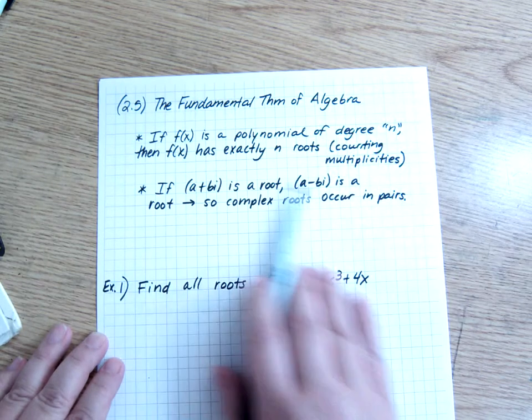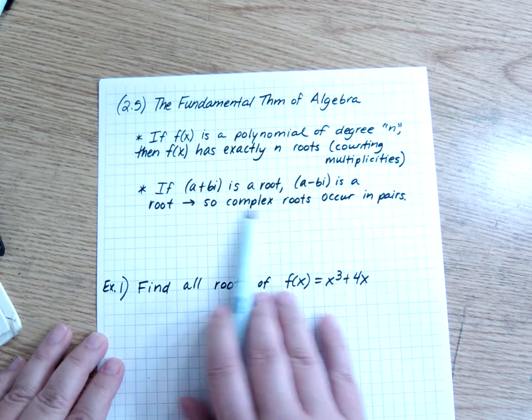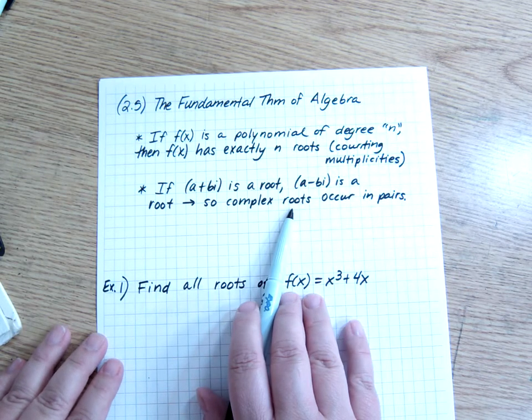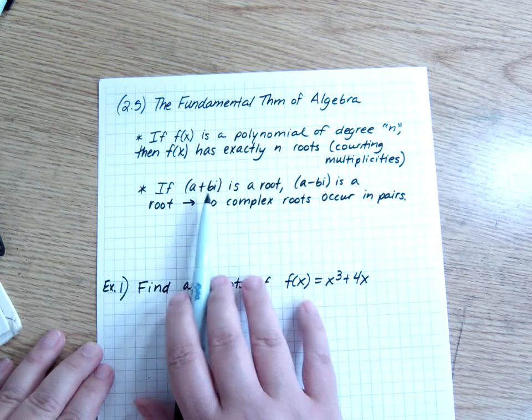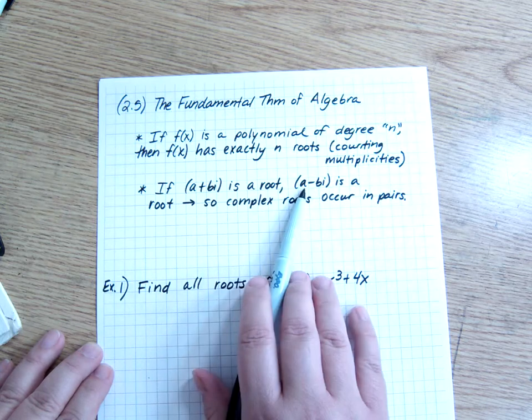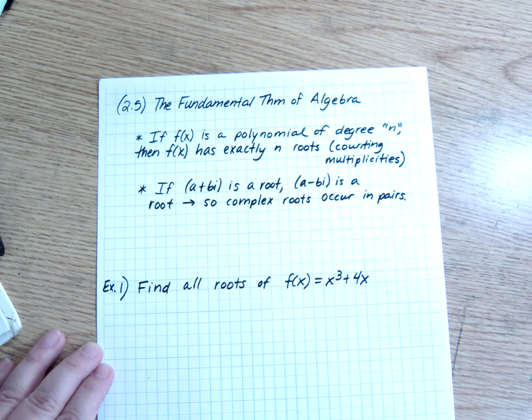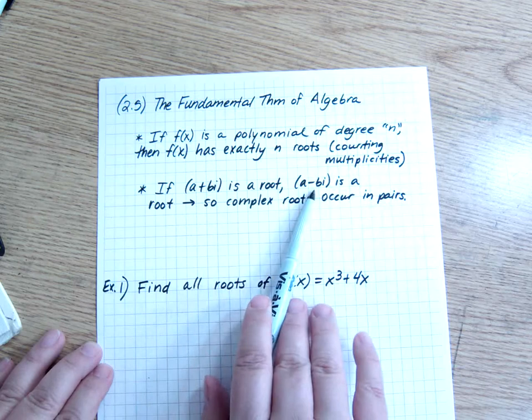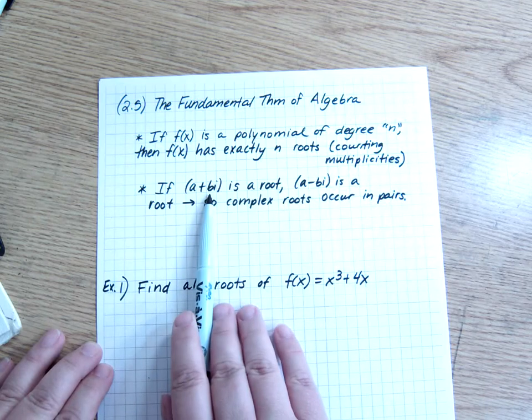But the other thing we talked about, not with complex roots, we talked about with irrational roots, and that is if you have an irrational or complex root, with irrational it's usually, with complex roots always, its conjugate is also going to be a root. And remember the way the conjugate works is the only part that changes signs is the imaginary part.